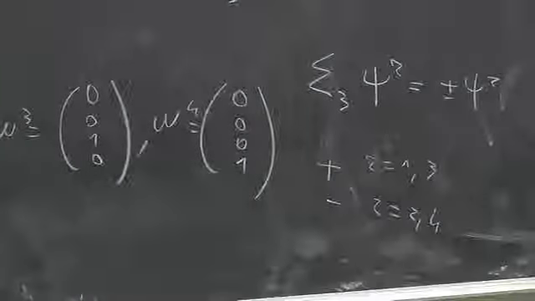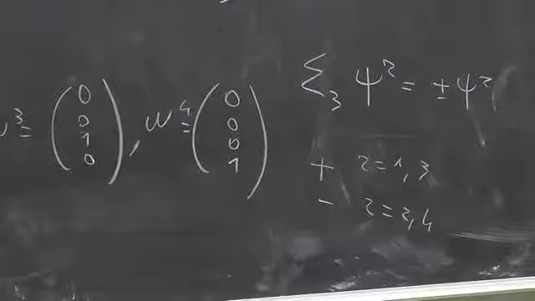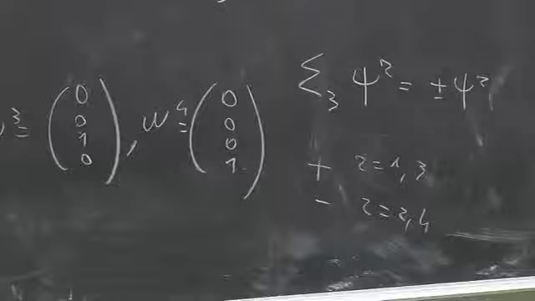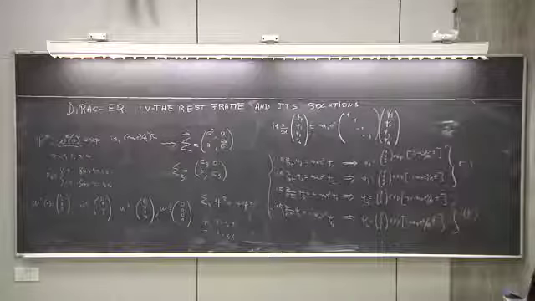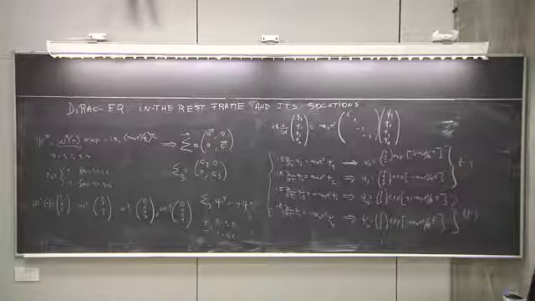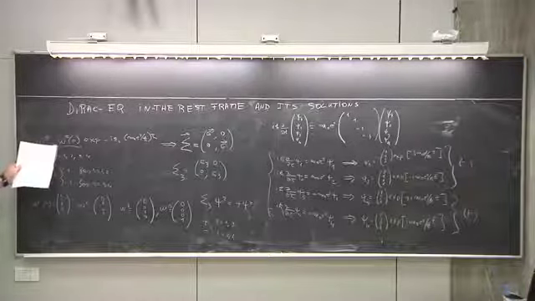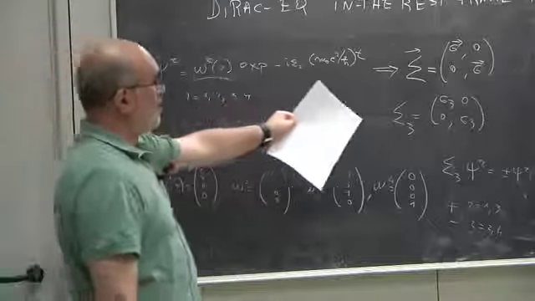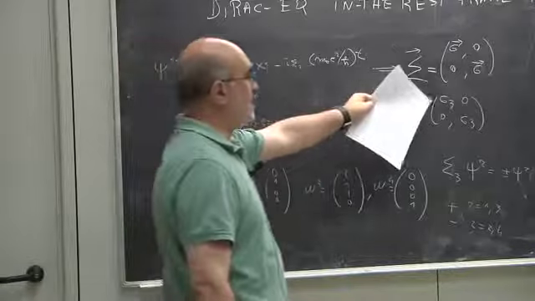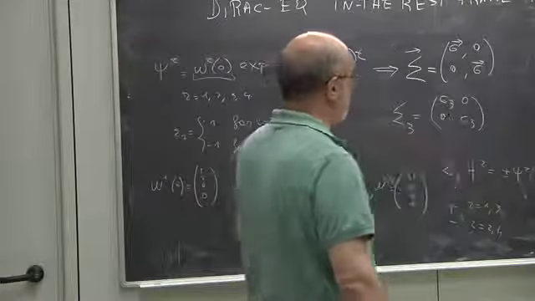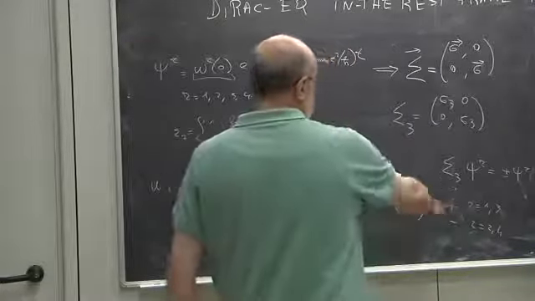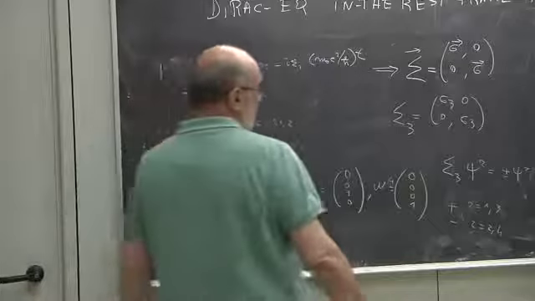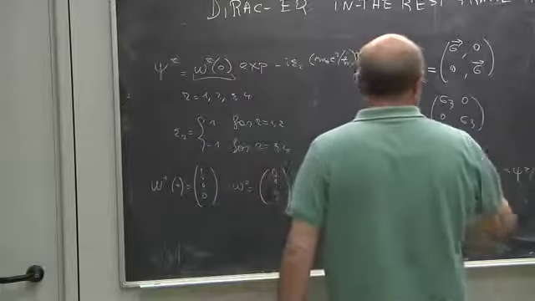So it's always interesting to find out of which observable they are eigenstates. These objects are eigenstates also of this generalized spin, because this is the spin for up and the spin for down. And you see the plus is for 1 and 3.